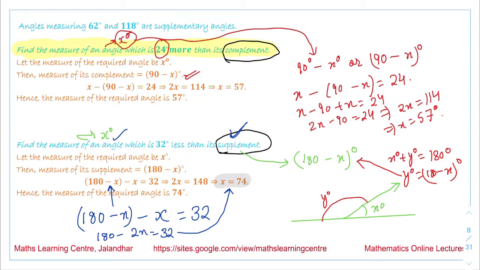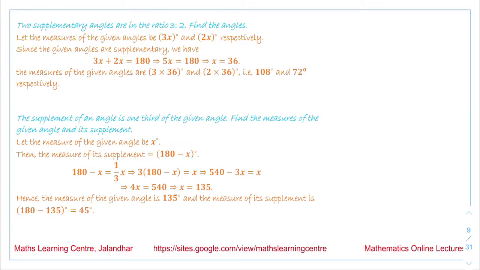Now in the next question, we have two supplementary angles in the ratio 2:3. If two angles are in the ratio 2:3, we suppose that their measures are 3x degrees and 2x degrees.